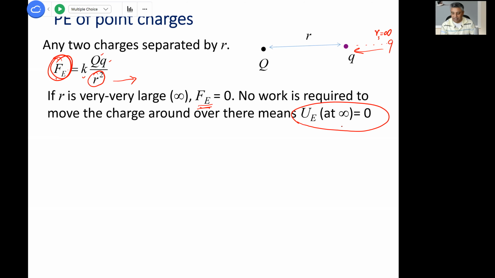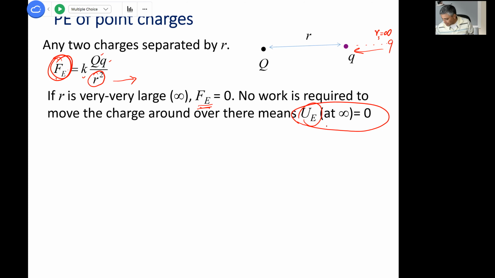So at that point potential energy is going to be 0. So at infinite distance, at large distance from the source, the potential energy is going to be 0 for any charge. So we take that as a reference point.